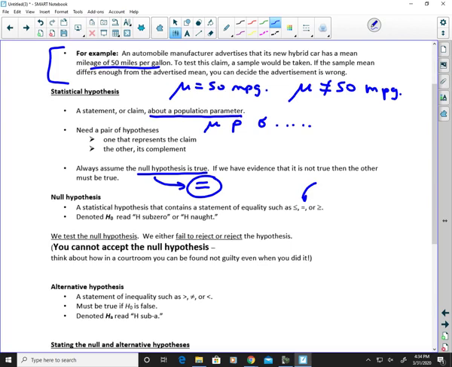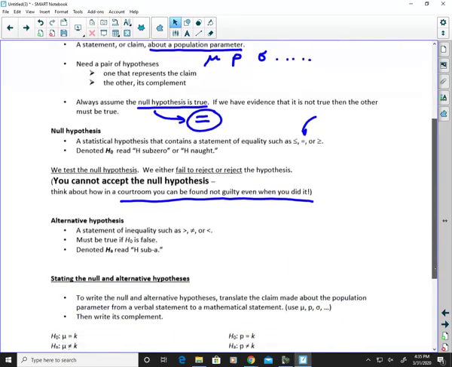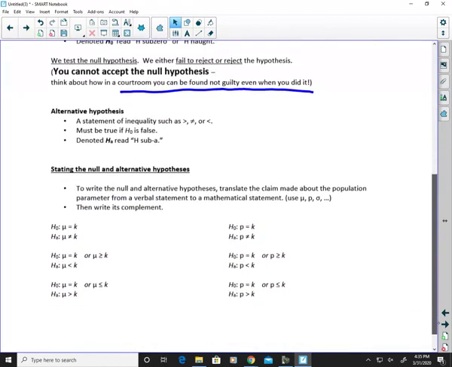To test the null hypothesis, we either fail to reject or reject the hypothesis, and you can never accept your null hypothesis. Just think how in the courtroom when they say that you're not guilty, they never say he's innocent or she's innocent, do they? They say not guilty. So our entire judicial system is actually based on null and alternative hypotheses.